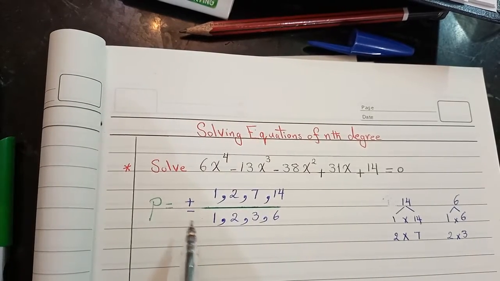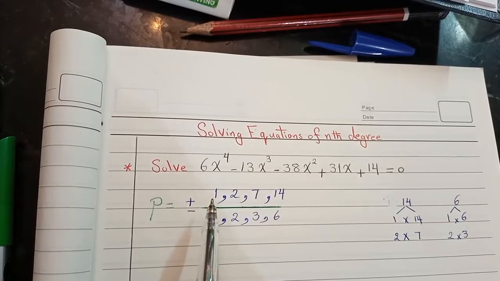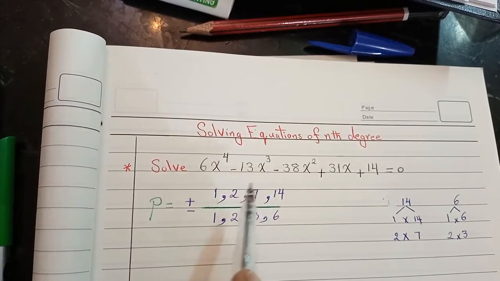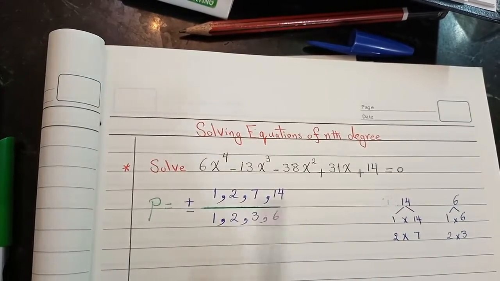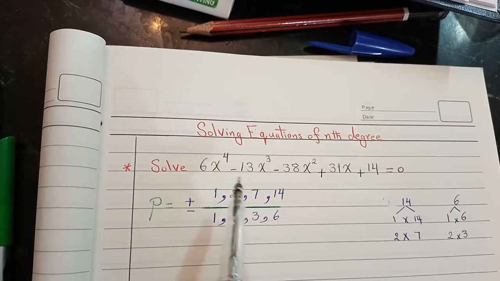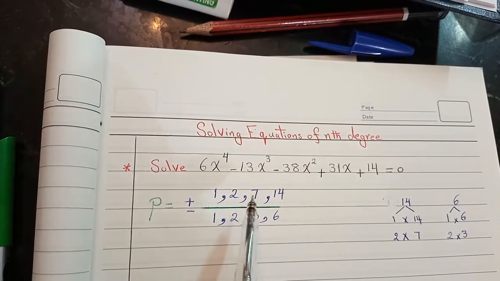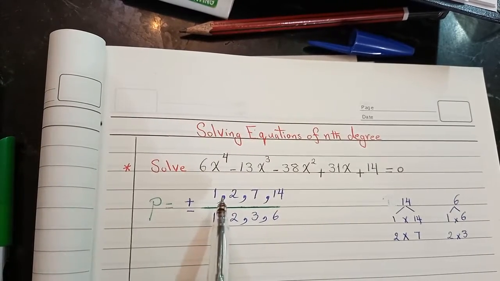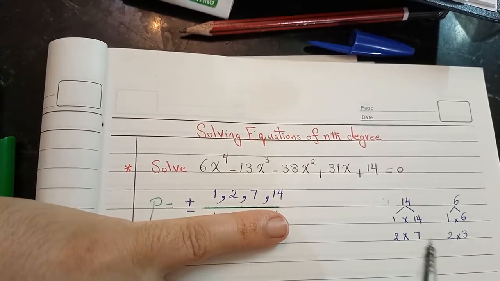Okay, now it's time to try these numbers. One or more of these numbers are solutions for this equation. So we have a lot of possibilities here. Ignore the denominator for now and look at the whole numbers on the top.